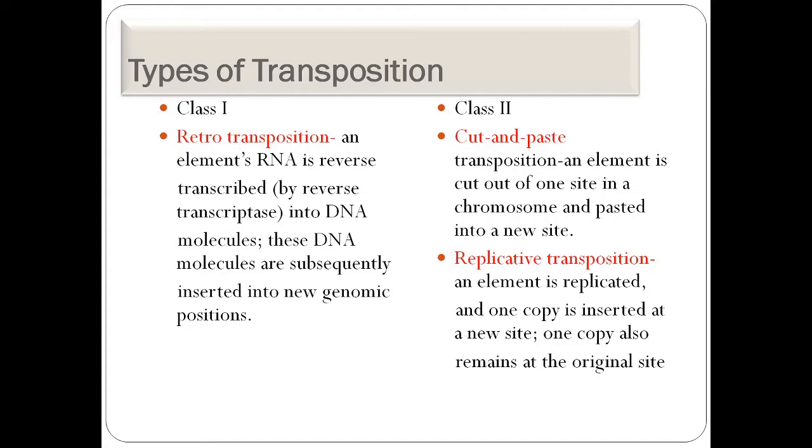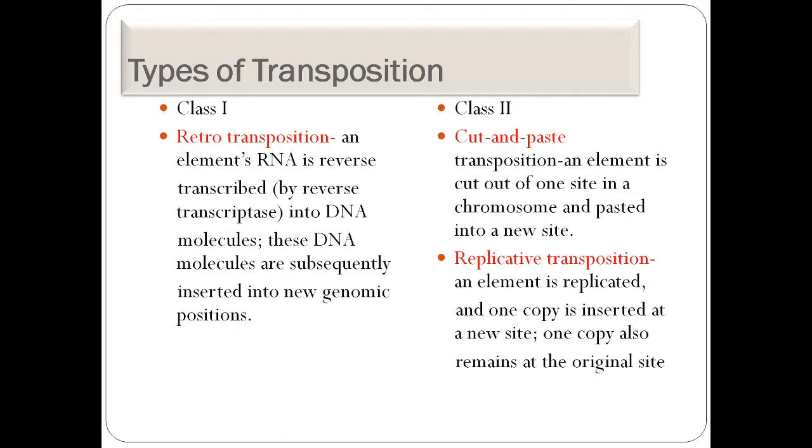Class 2 is responsible for the cut paste mechanism. Cut paste means, as I have already told you, the gene will be cut from the donor site and entered into a target site. Transposition of an element is cut from one site in the chromosome and pasted into a new site. Replicative transposition means the gene will be replicated and the new copy will be inserted anywhere inside the genome, but the original copy will remain in its place.